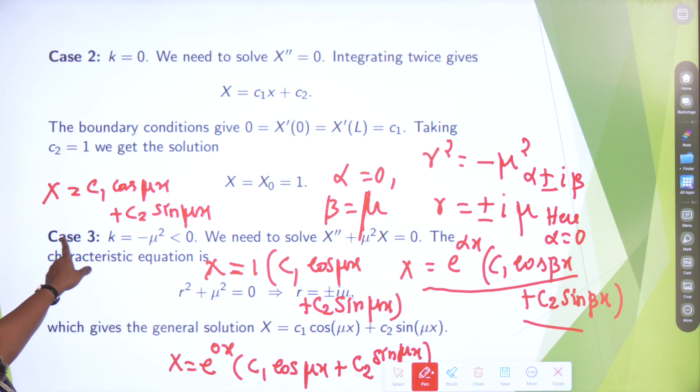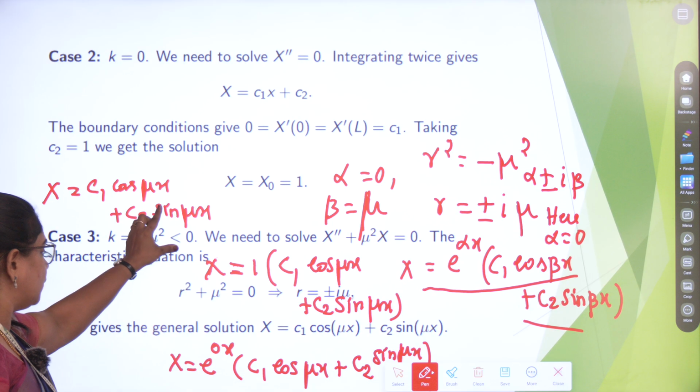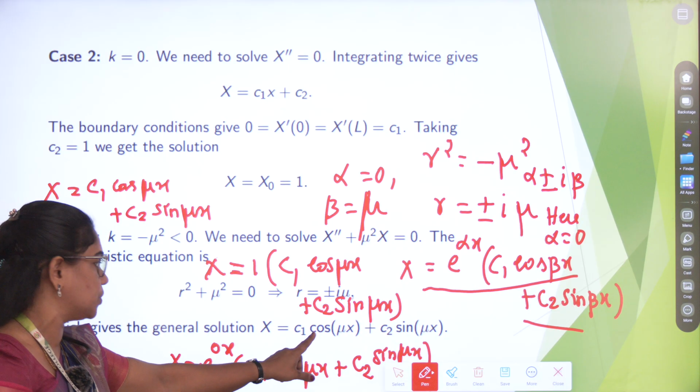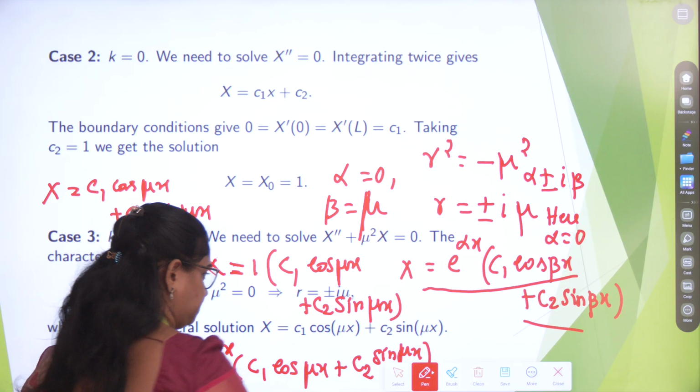So it is case 3, k equal to minus mu square. We get the general solution x equal to c1 cos mu x plus c2 sin mu x.